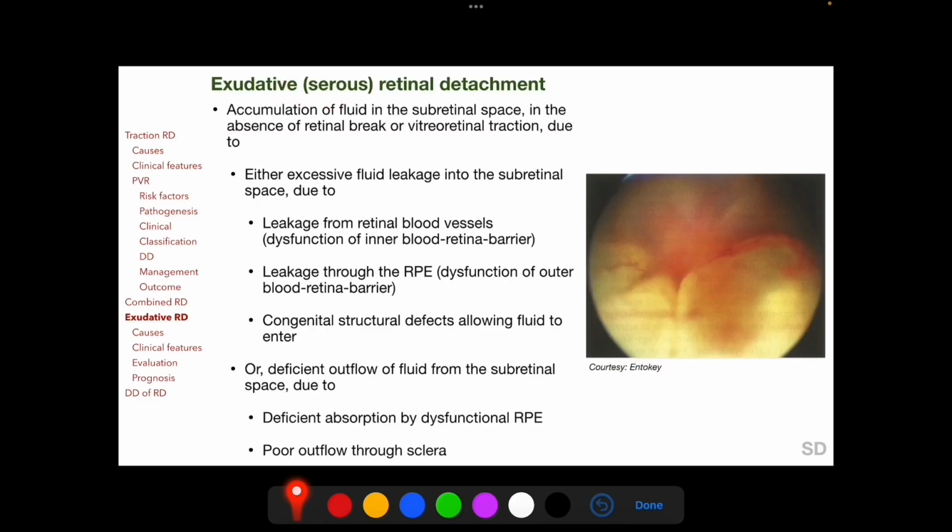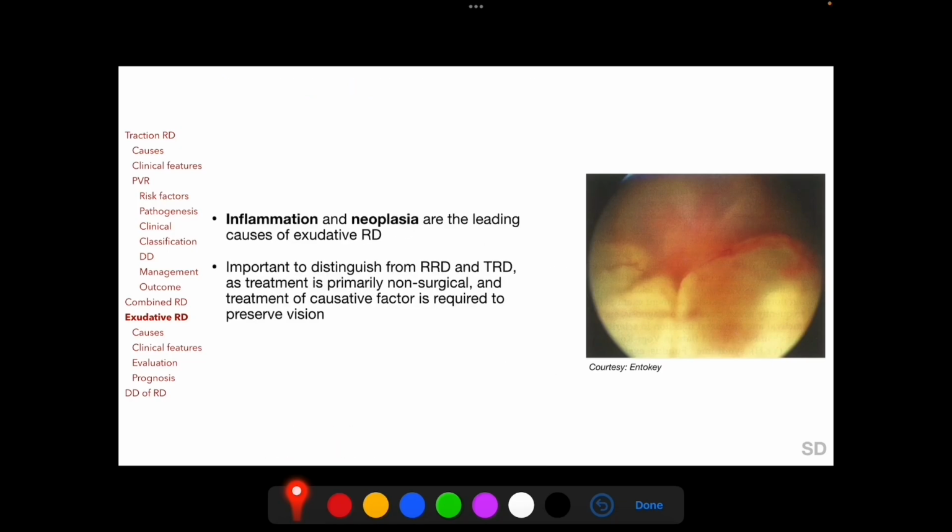Exudative or serous retinal detachment is accumulation of fluid in the subretinal space in the absence of retinal break or vitreoretinal traction, and can occur due to either excessive fluid leakage into the subretinal space due to dysfunction of inner blood retina barrier at the retinal blood vessels, dysfunction of outer blood retina barrier at the RPE, or congenital structural defects such as optic disc pits, or deficient outflow of fluid from the subretinal space due to deficient absorption by dysfunctional RPE, or poor outflow through the sclera.